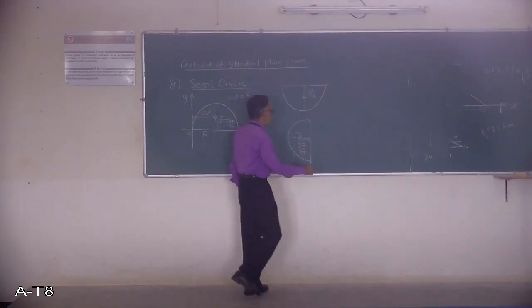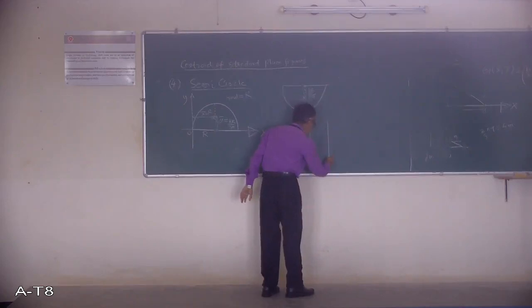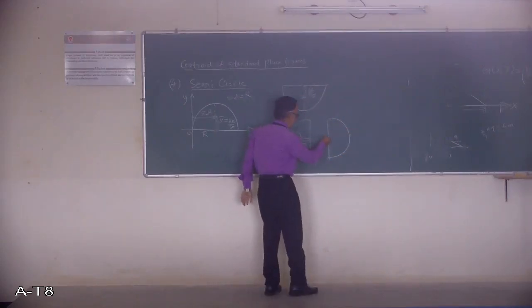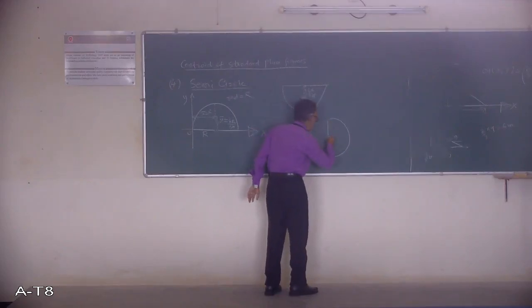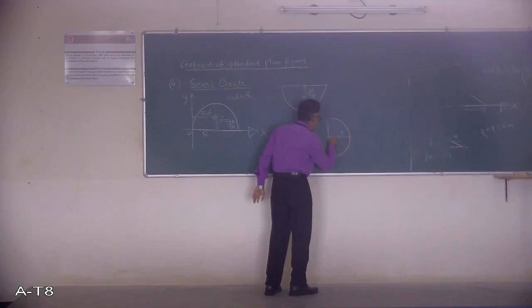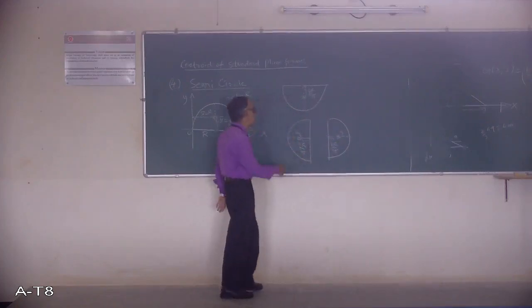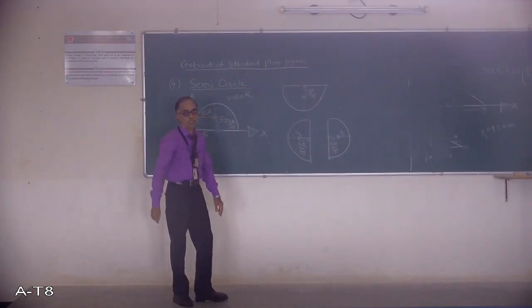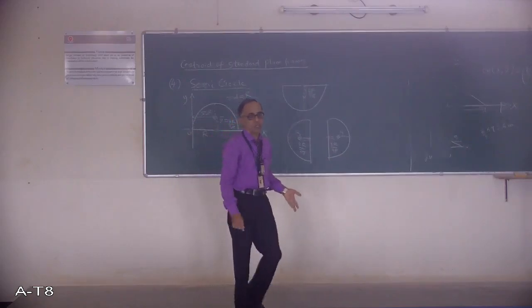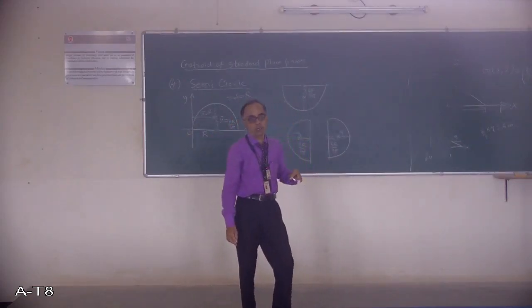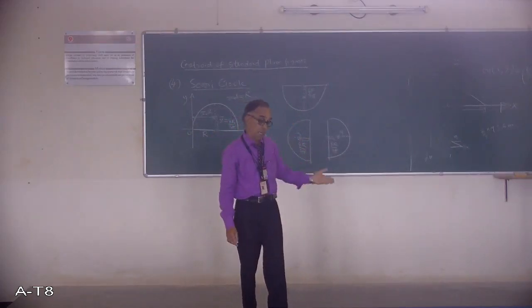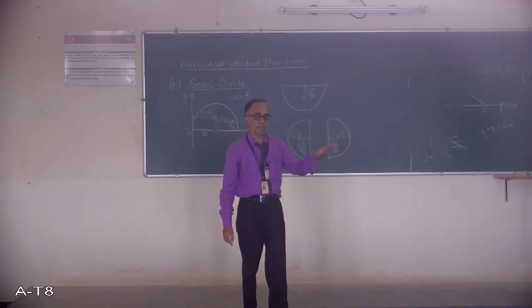Same now, I will draw a semicircle like this. The center point from which the semicircle is drawn, draw a line, mark here, this is the centroid. From this point, this is 4r upon 3 pi. So you must remember this correctly. Why? Because when I come to the problems, you may get a semicircle in any shape: right side, left side, top or bottom.